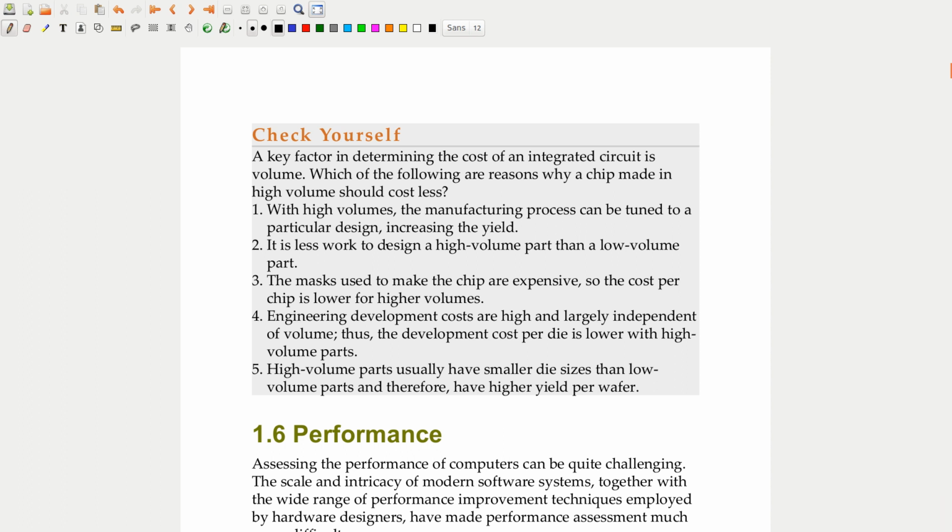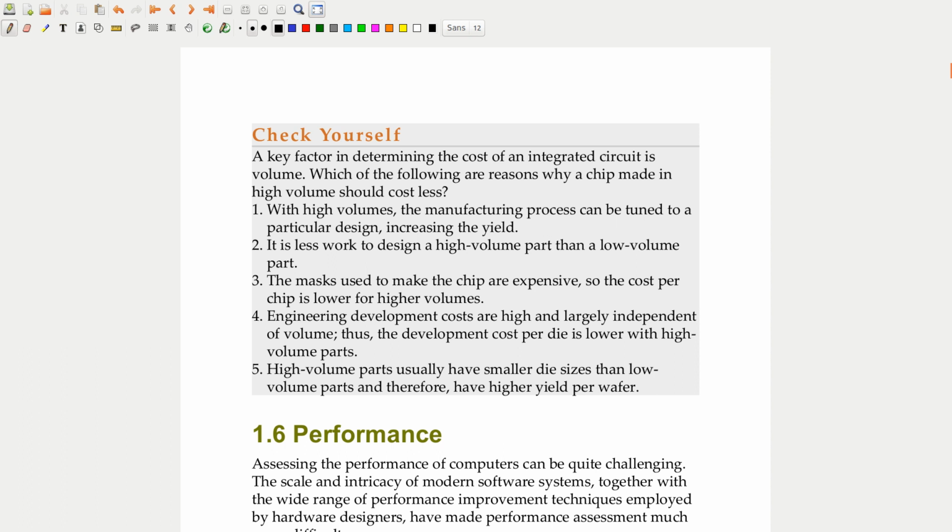Okay. It is less work to design a high volume part than a low volume part. So this isn't any reason why a chip made in high volume should cost less, and this is also not necessarily true. You can think of a reason why this wouldn't be necessarily true.